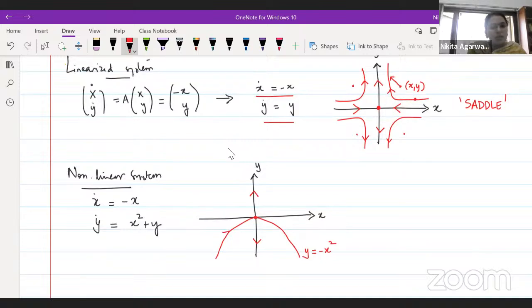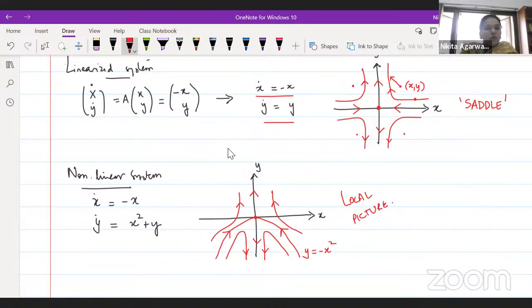So in this direction, this is how the solutions look like. And again, you can fill the remaining region. So the remaining curves will look like this. Okay. This is the local picture.